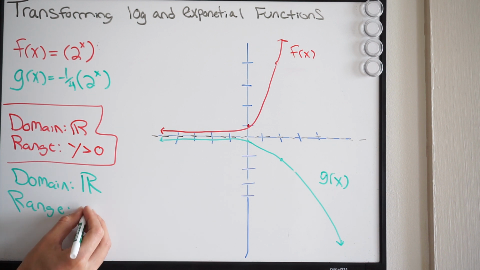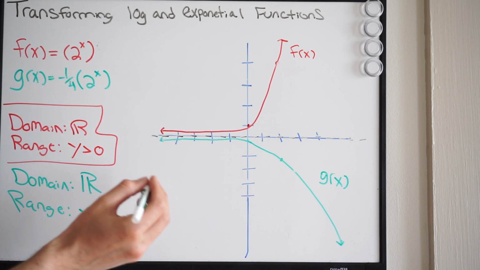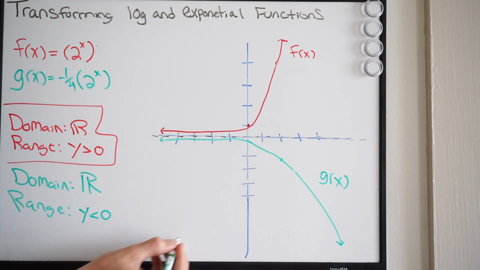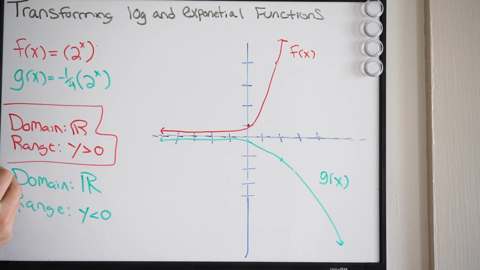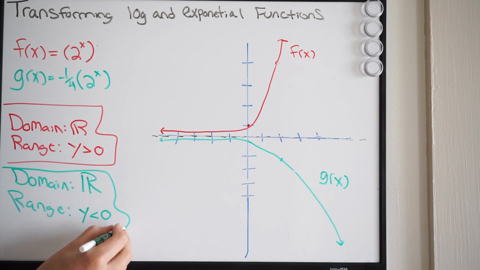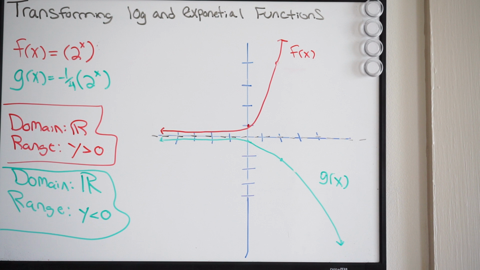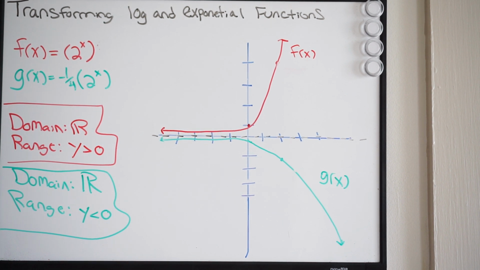So we're going to say all numbers less than 0. Again, I can go all the way down and draw a horizontal line, it will eventually hit that. But if I go to 0, it's not going to be part of the range, or anywhere above that. So here is our domain and range for g of x. And that's it.